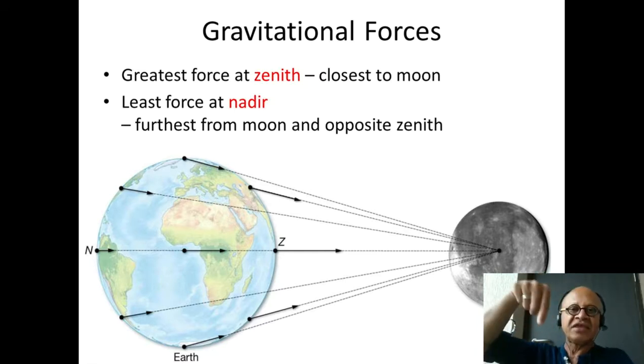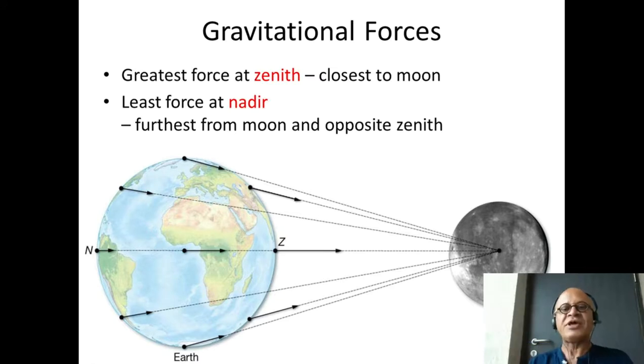But remember that the Earth is rotating around its axis, so the zenith and the nadir are going to constantly change, right? And away from the center of the Earth, you have different angles at which the gravitational force is being exerted by the moon. So the point at zenith is obviously closest to the moon.